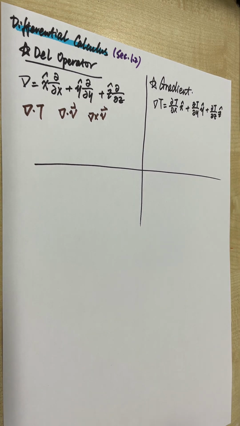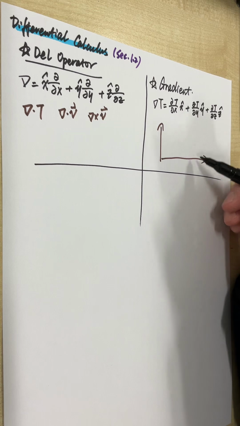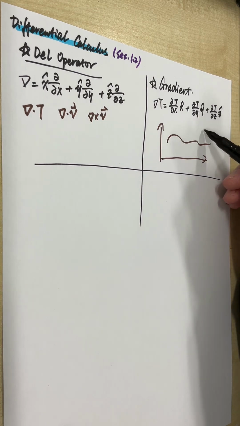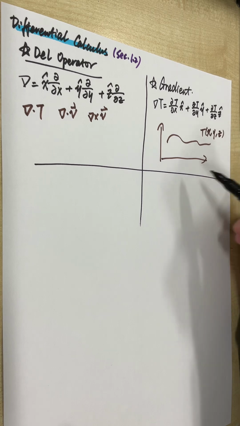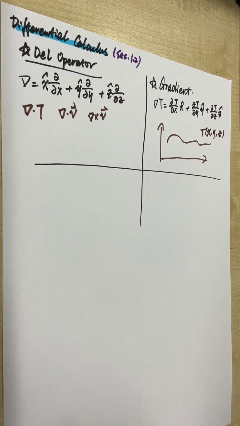So what does this look like? T is a scalar. It can be a scalar function of some shape or trend. So T is a scalar, but it can vary with respect to x, y, z. In this figure, it's 2D, but it can vary with x, y, and z.